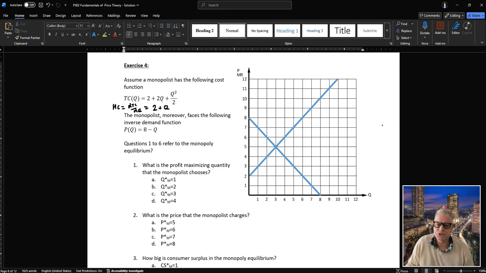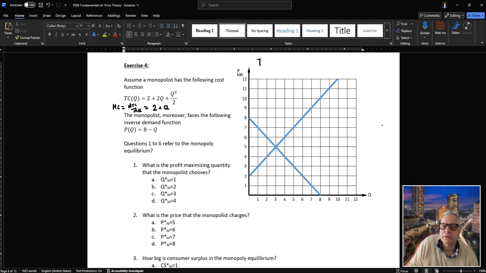The monopolist knows if she supplies 1, the price will be 7, and at a quantity of 2 the price will be 6. And at the price of 7 and a quantity demanded of 1, the total revenue will be 7, but at the quantity supplied of 2 and a resulting price of 6, it will be 12. So the marginal revenue is a function of the price.